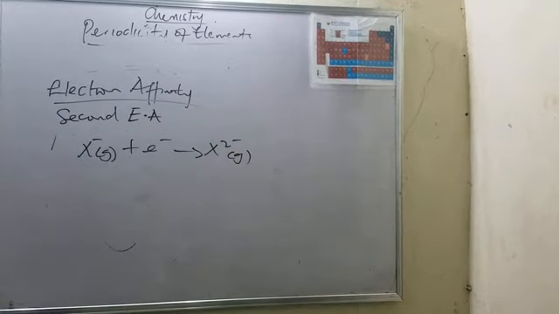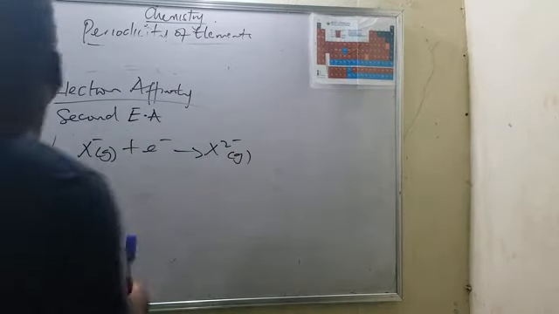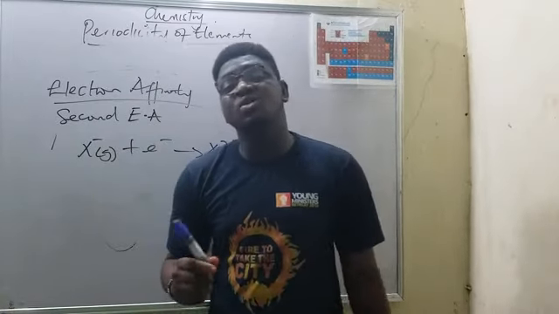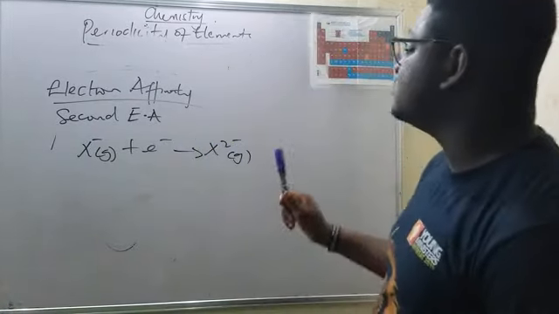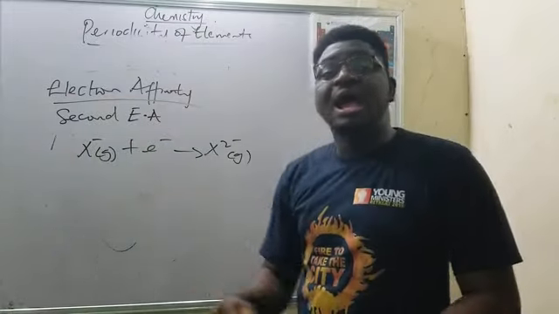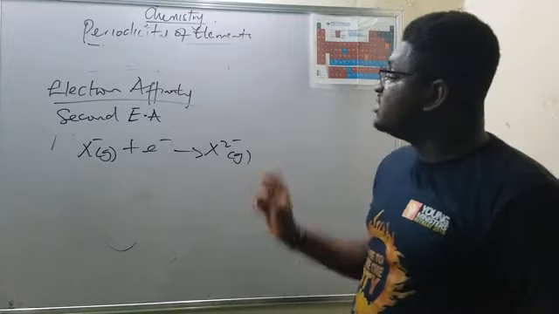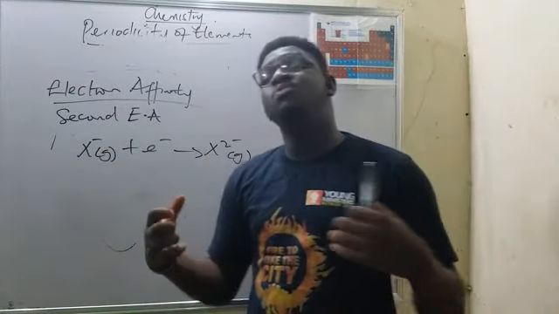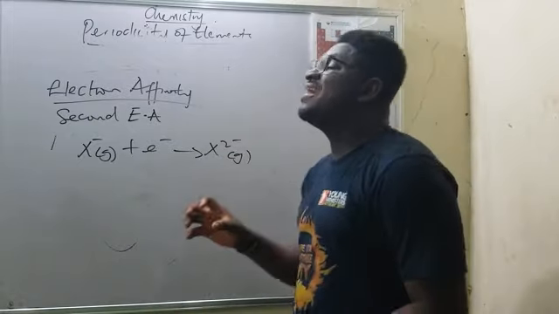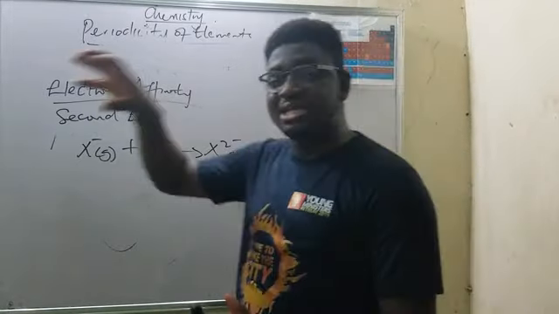It is discovered over time that the first electron affinity of an atom is negative, but the second one is positive. How is this possible? Because after one electron has been added, another one is coming into it. There is a repulsion. They tend to repel each other, thereby requiring energy for you to put them together.